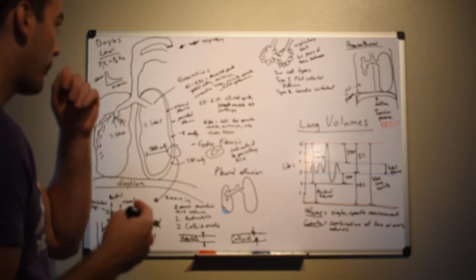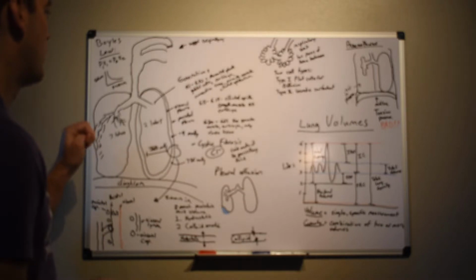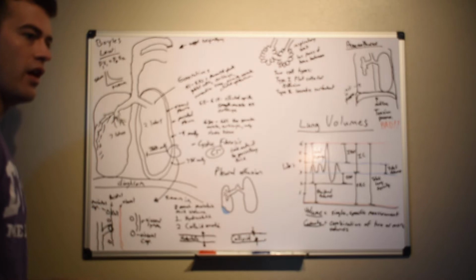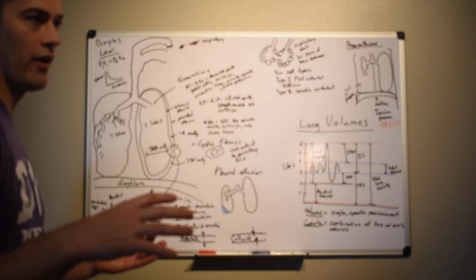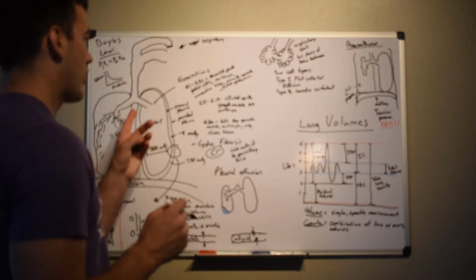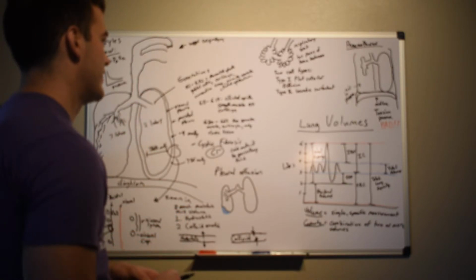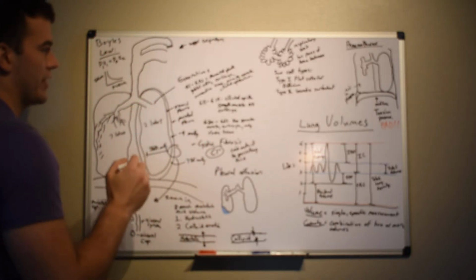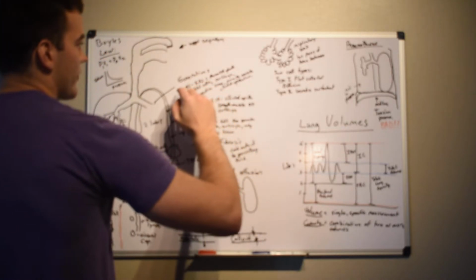When we're breathing in air, we bring it into the lungs through multiple different tunnels or divisions of piping that allow us to conduct air into the lungs. We have two main bronchi, and we call that our generation 1, excuse me, our generation 0 is our trachea, and then the main bronchi.